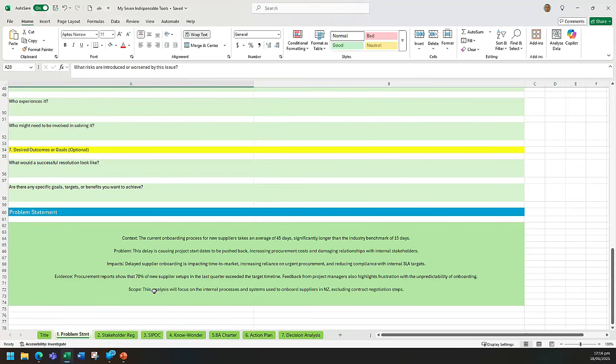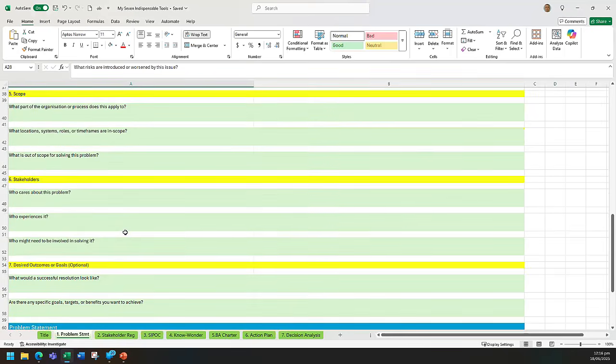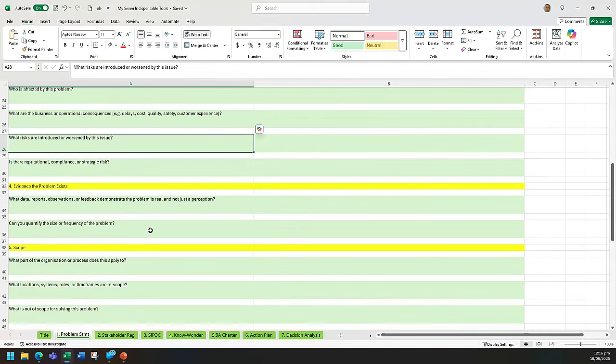So that was a bit of an evolution, but I've been doing problem statements for years, but it's more recently where I've actually got to this point of having all of these questions where I've said to ChatGPT, okay, if you're gonna write me a problem statement, what questions should I ask? And then it gives me the questions, and then I can answer those and drop it back in, and it gives me a problem statement. But it hasn't always been like that. It has been a little bit of evolution.